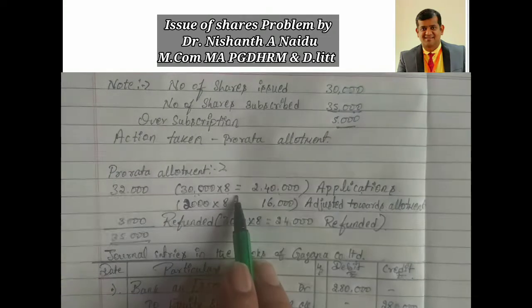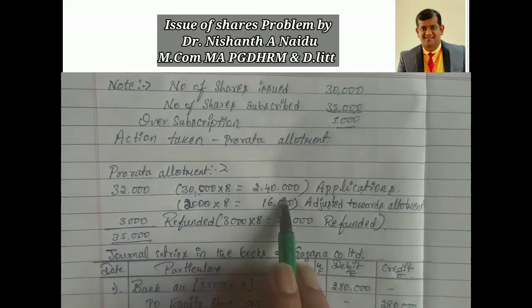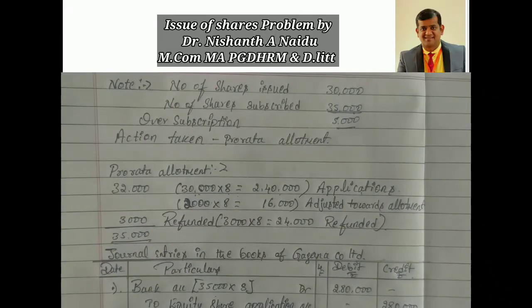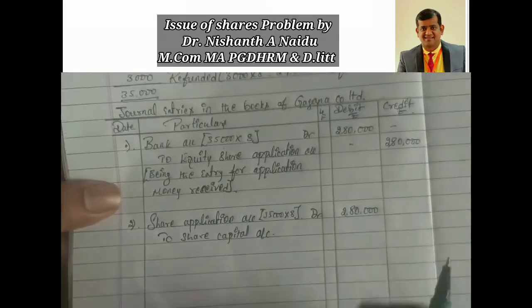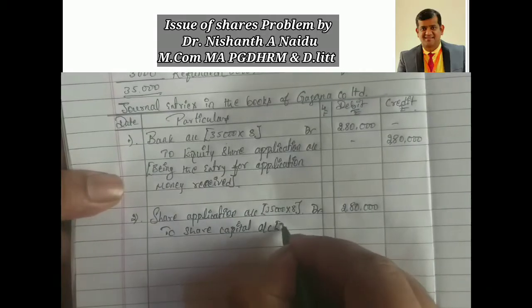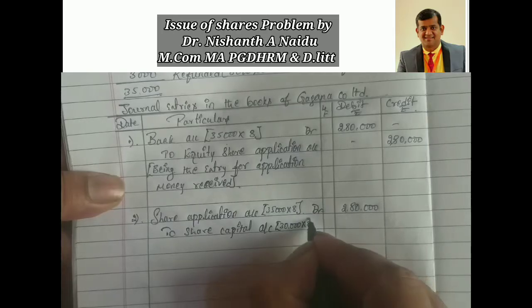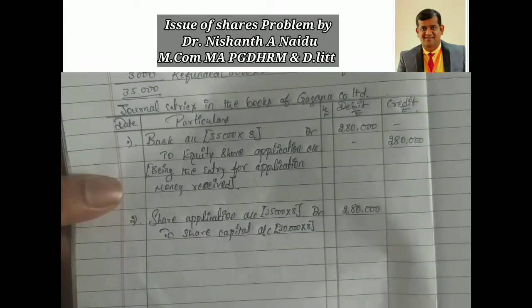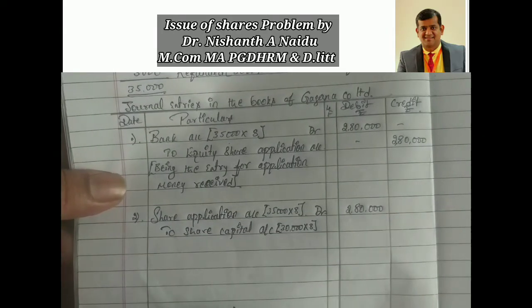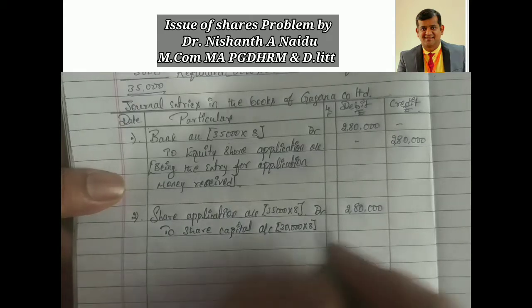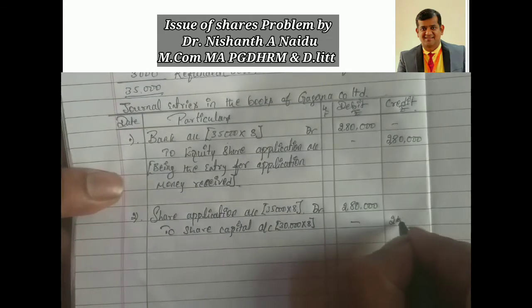Understood? 30,000 into 8 towards application should be transferred to the share capital account, because the company has offered only 30,000 shares. How much did you get? 30,000 into 8 is 2,40,000.